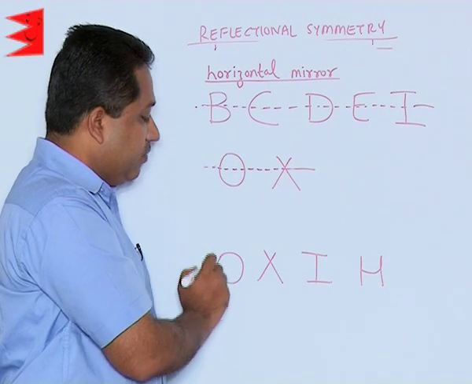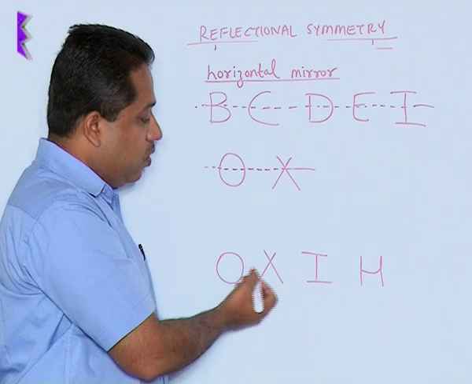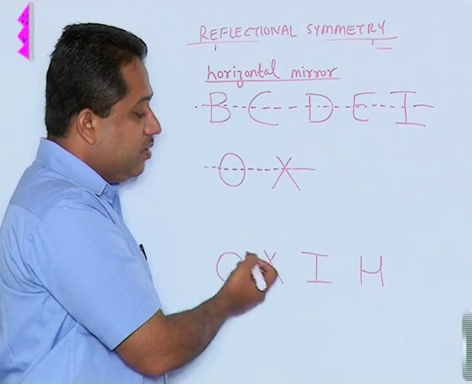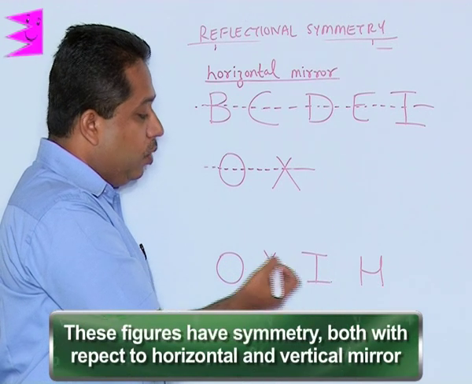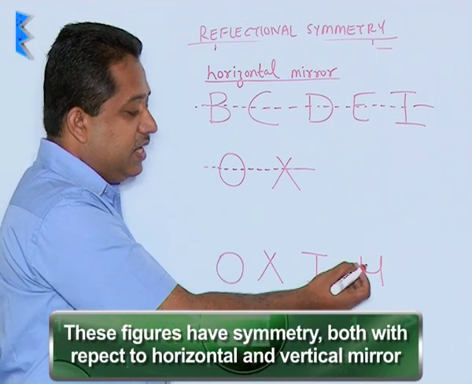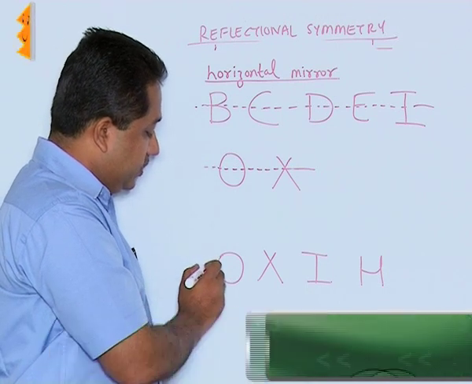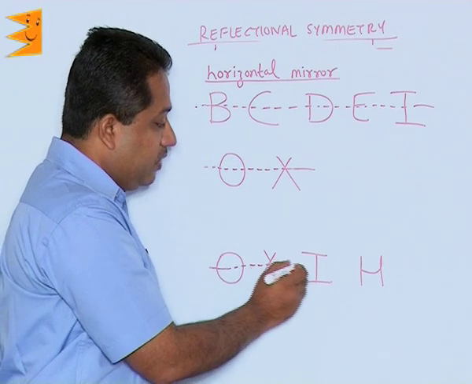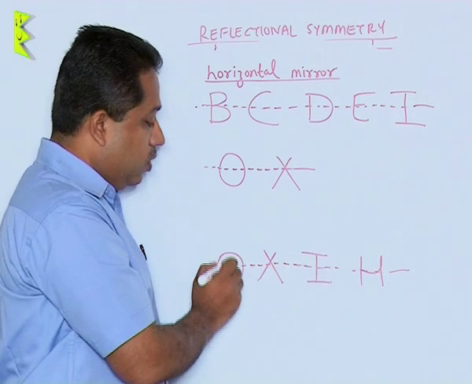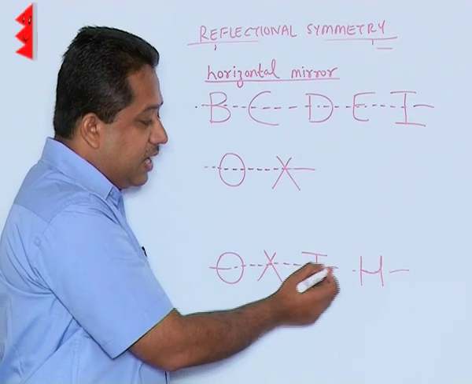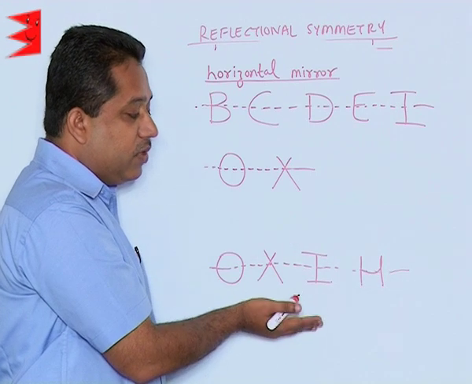Now there are some alphabets I have written here. These are O, X, I and H. Now these are very special alphabets because they have symmetry both with respect to the horizontal mirror as well as the vertical mirror. So if I divide this horizontally, we see that O is divided into two equal parts, X also similarly, I and H, all of them have two equal portions.